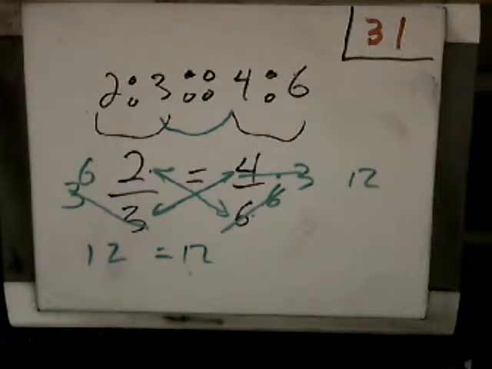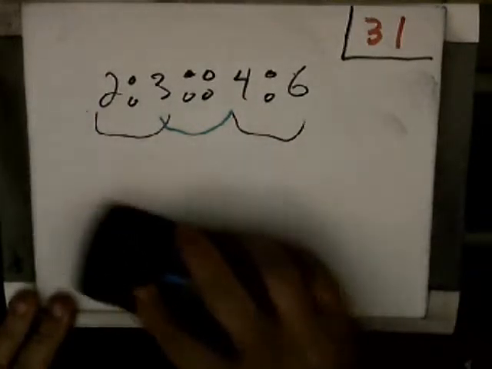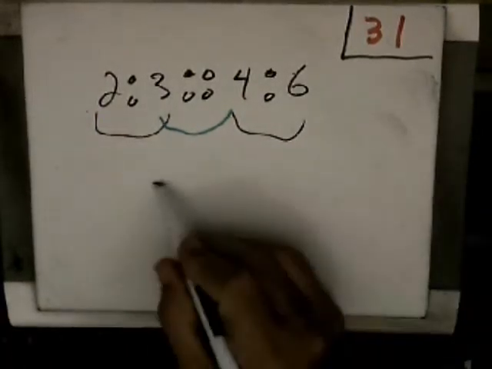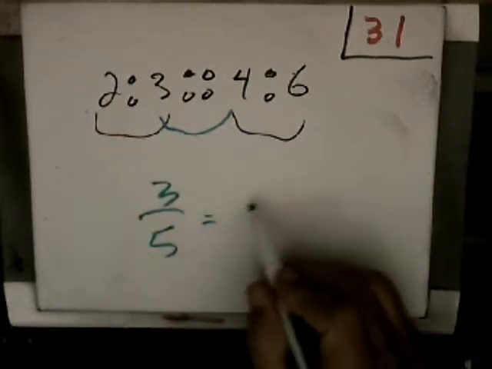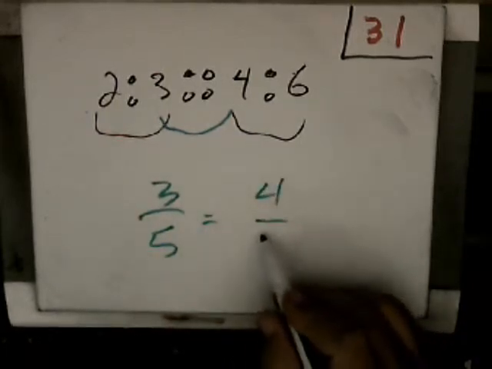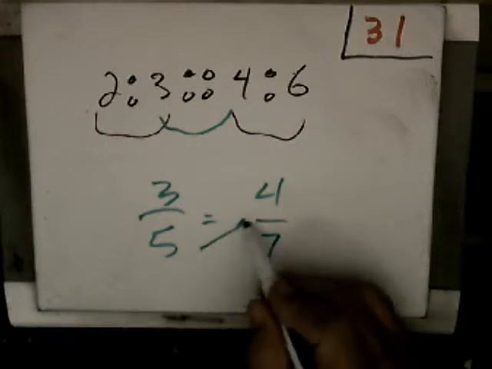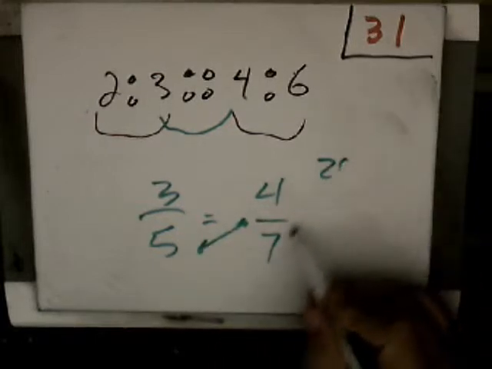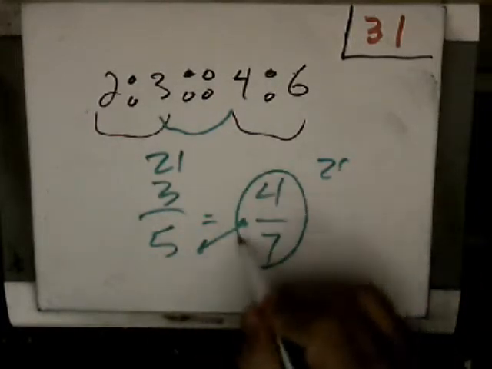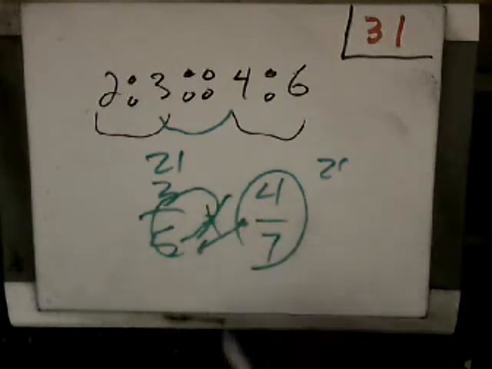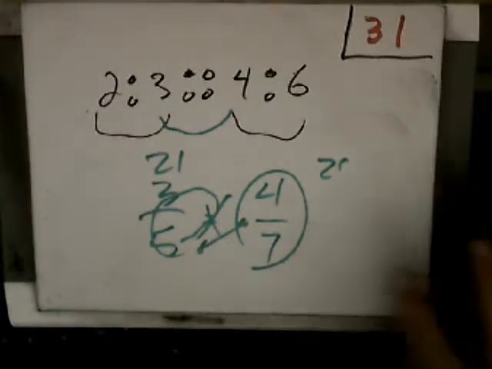So if I want to check to see if a fraction is in fact equivalent, I would cross multiply 20 and 21. These are not equivalent, so they are not equal. A quick way to check if two fractions are in fact equal to each other or proportional to each other, just do a quick cross multiply.